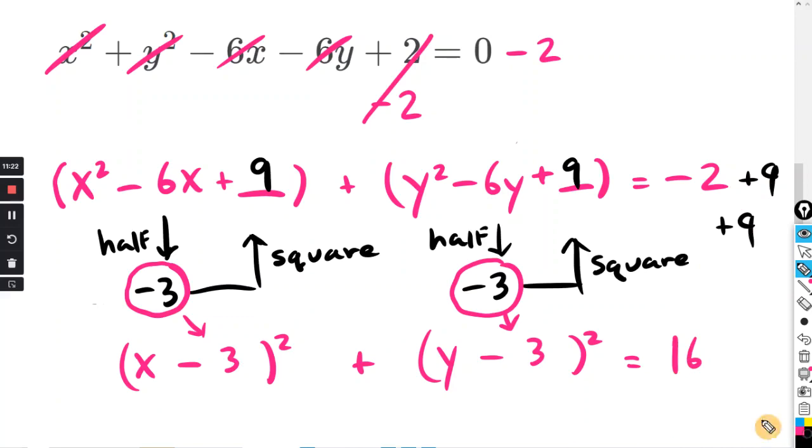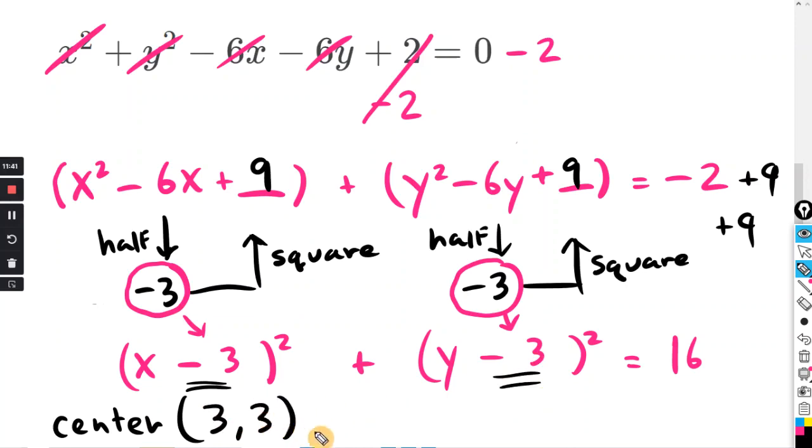So the center, remember you just changed the plus minus sign. So instead of negative 3, the x-coordinate for the center is positive 3. Right here, same thing. The y-coordinate for the center is positive 3. And this equals, like we said last time, r squared.